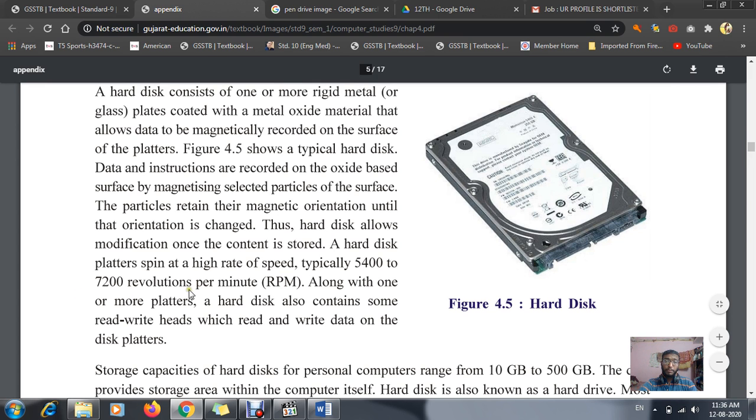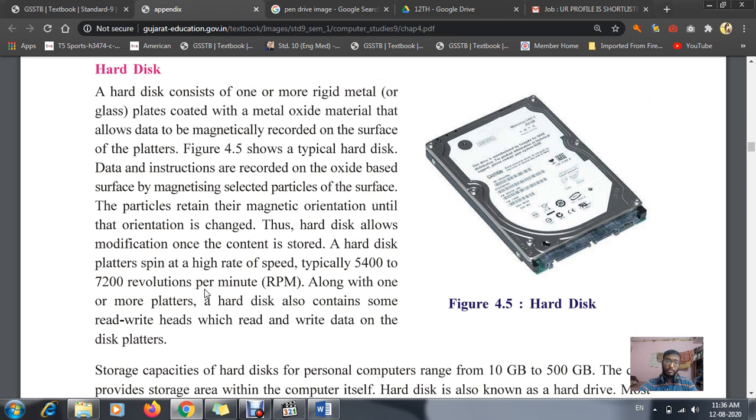This is also another important point. Exam questions might ask the full form of RPM, revolutions per minute. Typically it is between 5400 to 7200 RPM.